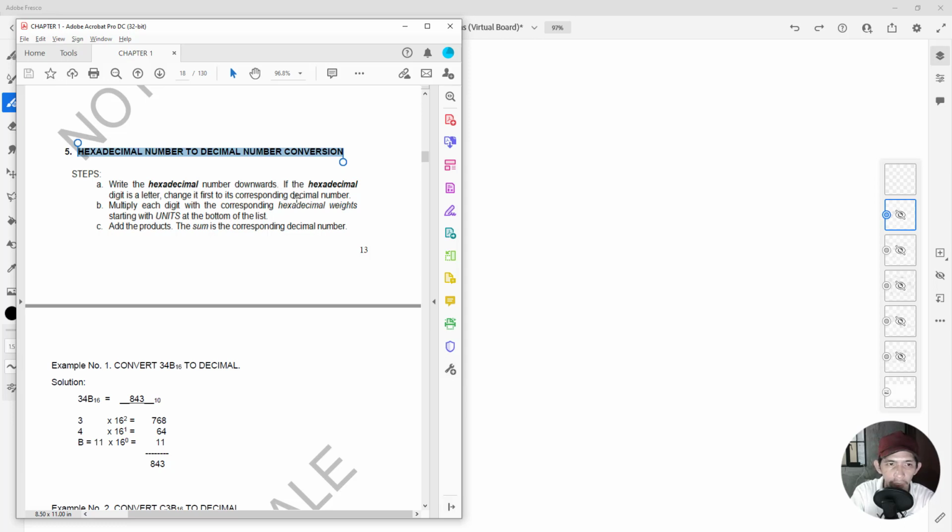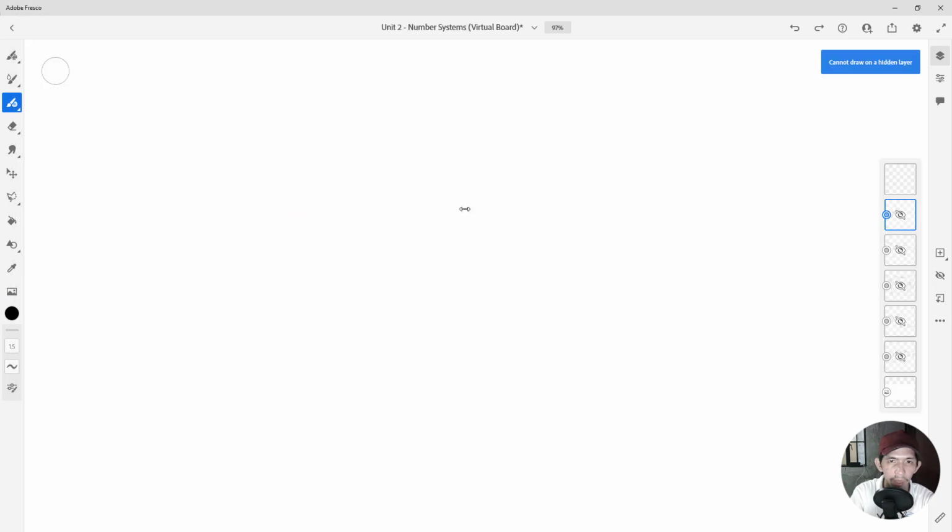But, instead of using base 2, since nagko-convert tayo ng binary kanina to decimal, ang gagamitin natin ngayon is yung base ni hexadecimal, which is 16. Okay, so kung maalala ninyo, hexadecimal to decimal conversion. So hexadecimal has base of 16 and then decimal has a base of 10.